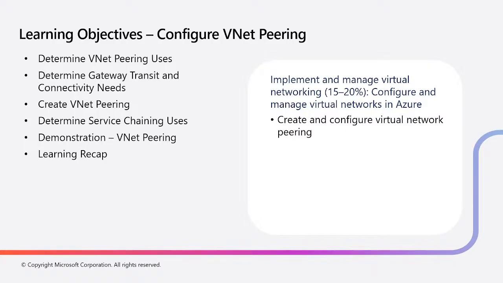So there are some pros and cons when it comes to VNet peering. One thing I need you to understand is, when you want to leverage VNet peering, you need to make sure that those VNets do not have IP address spaces that overlap.